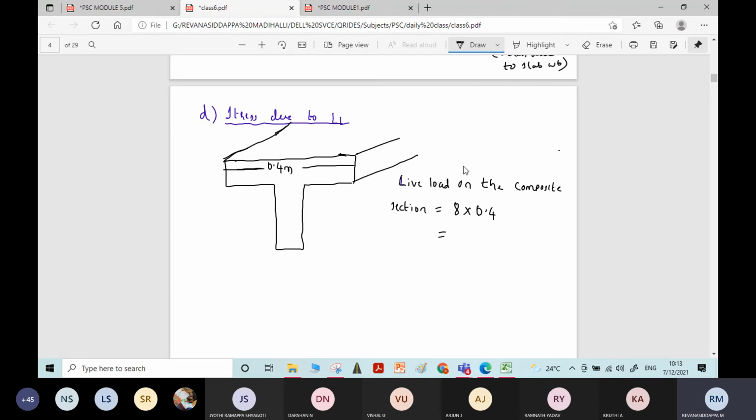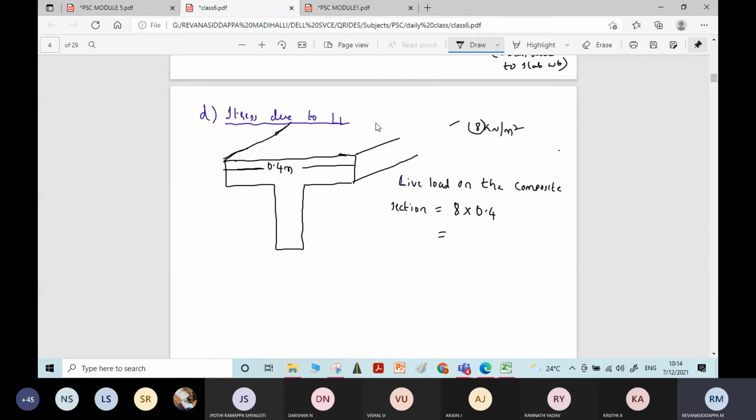It is given as 8 kilonewton per meter square. Load per unit area is given. So if you multiply this intensity with the width of the slab, then you will get live load per meter run of the slab.